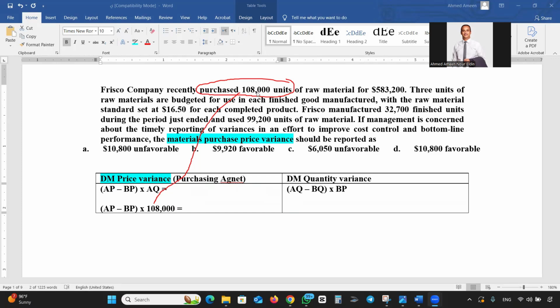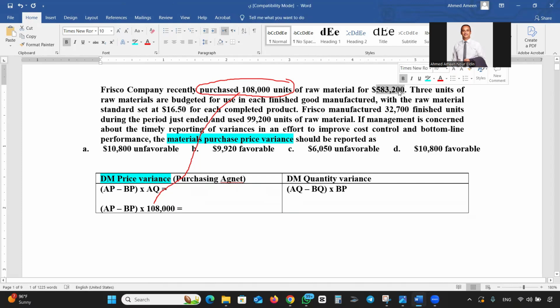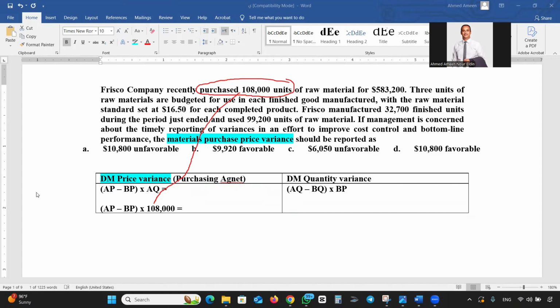The material purchased was 108,000 units for $583,200. This is the total actual price that I have paid for that quantity. What if I'm asking you for the actual price per unit, or how much I have paid for one item of direct material? I have to divide the total amount I have paid by the total amount that I bought.